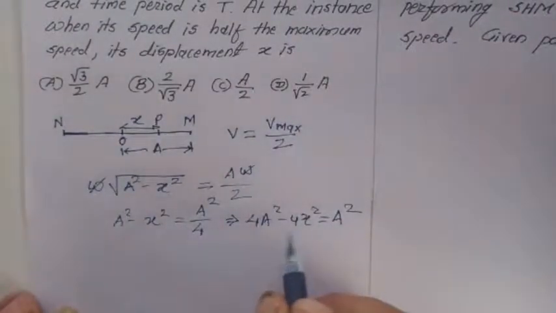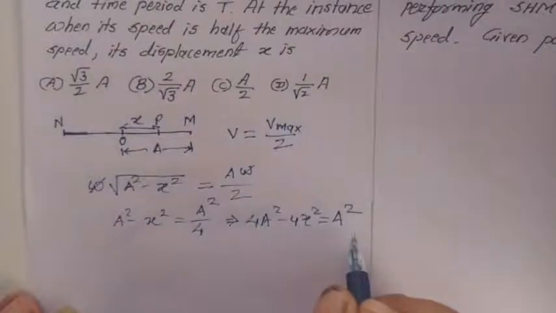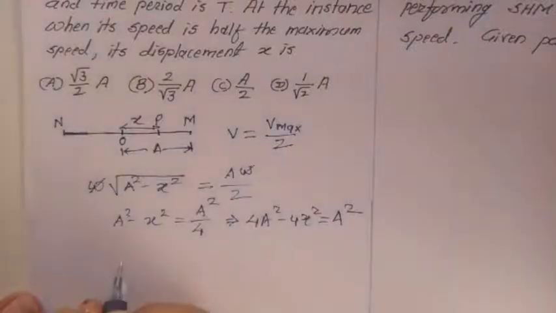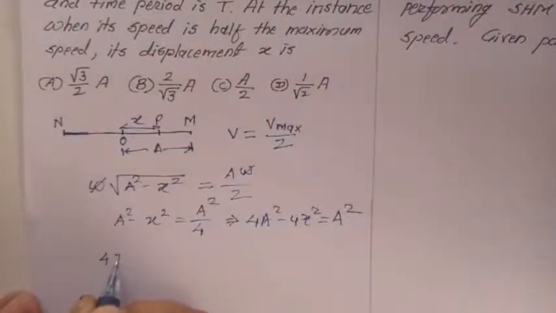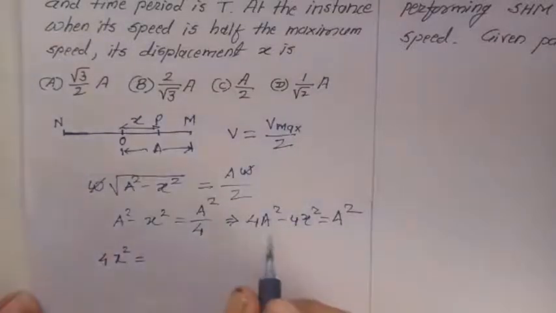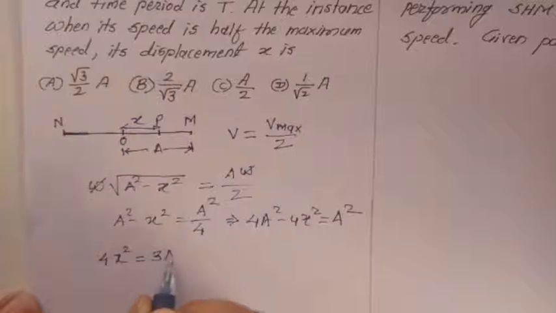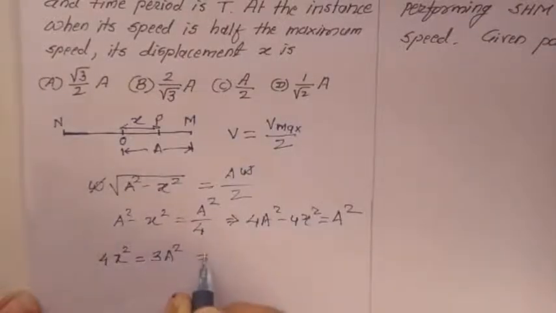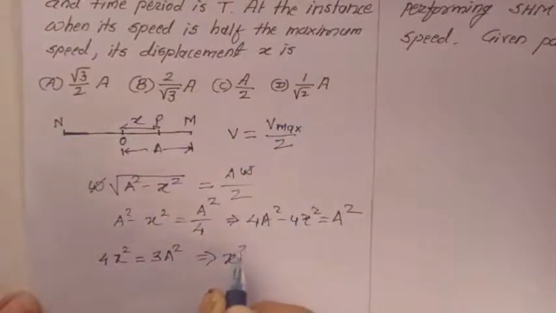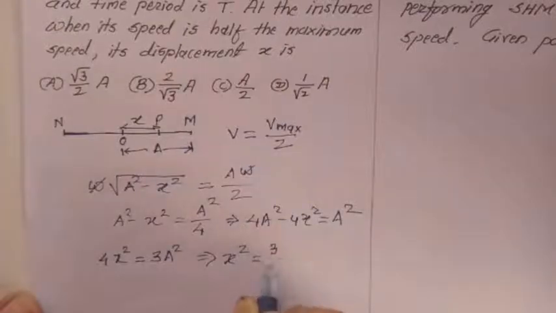When I take this a square on this side, I get 3a square, and minus 4x square when it goes on this side becomes 4x square, so we get 4x square is equal to 4a square minus a square, that is 3a square. So I can write here x square is equal to 3/4 of a square.